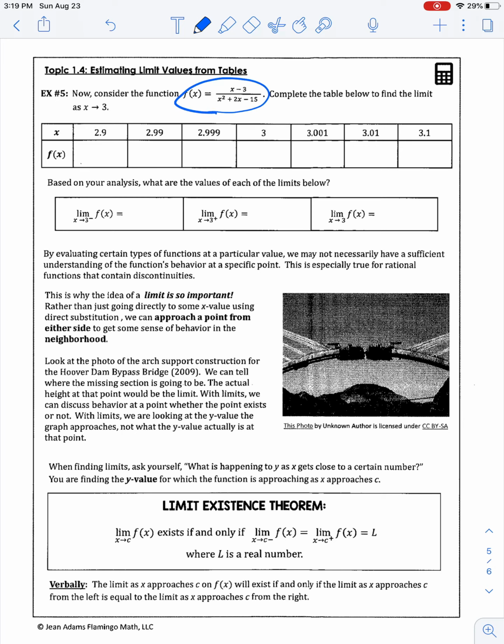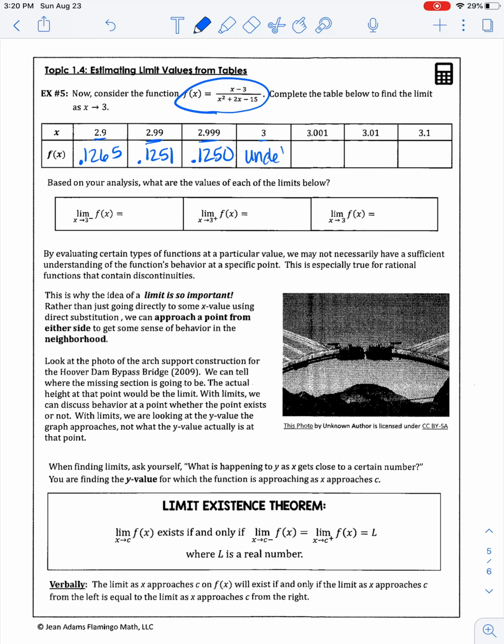So again, we're just plugging this into our y equals, we're going to our table, and we're adjusting our table set so that we can see these x values even if it's adjusting them one at a time. So this f of x, this y value is 0.1265. This one's 0.1251. This one's 0.1250.